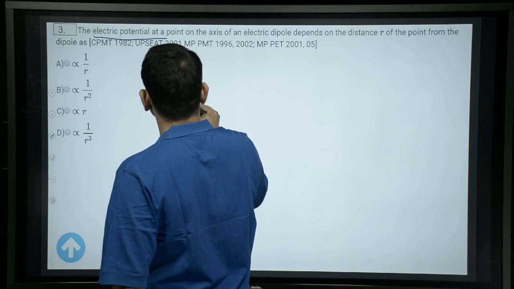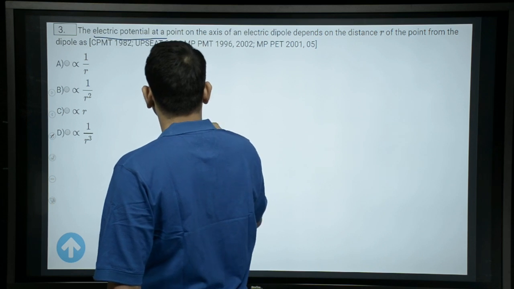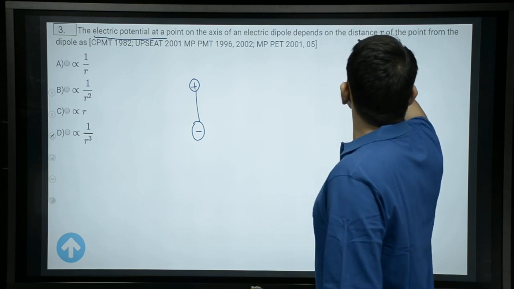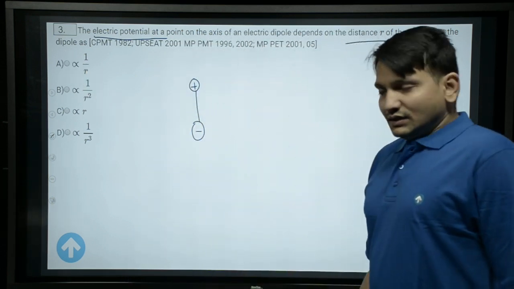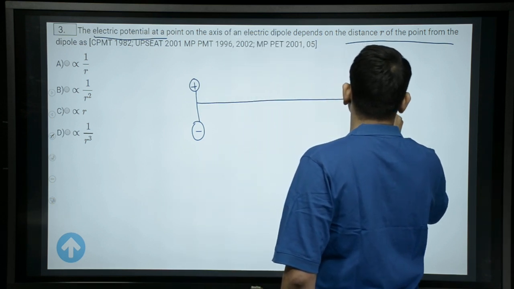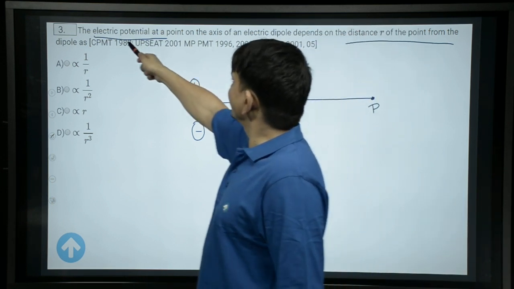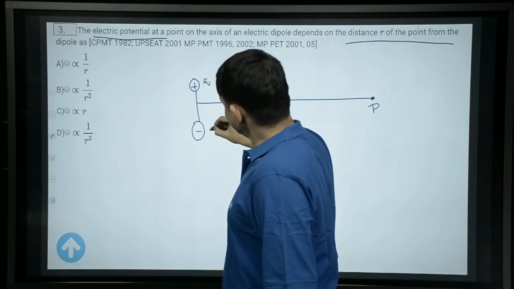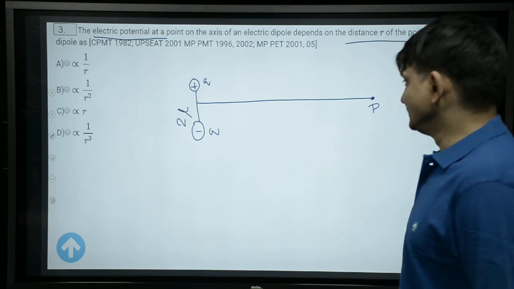if you are considering an electric dipole and considering the distance r of the point from the dipole, let's say this is the point P, and we are considering the electric potential at point P by this dipole of charges Q. The distance between the charges of the dipole is 2L.